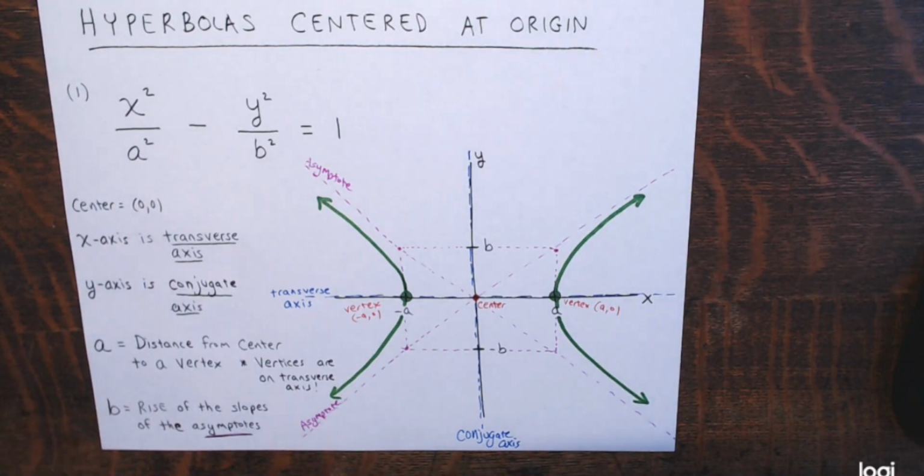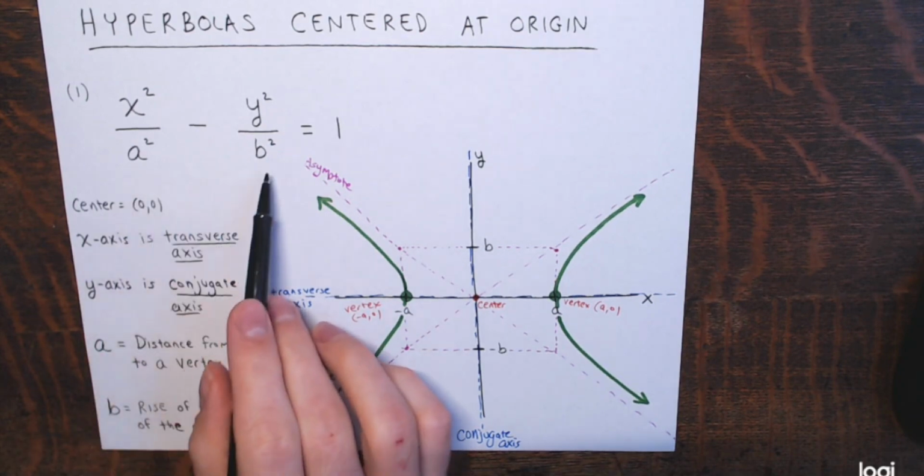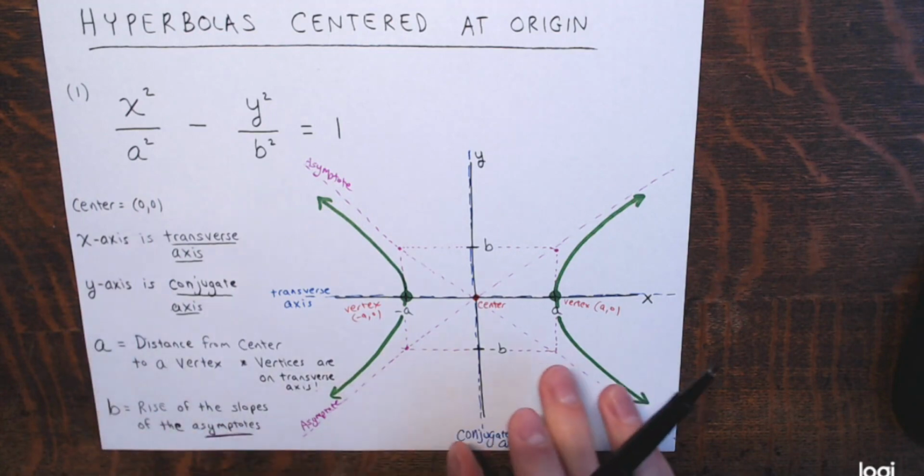All right, and then we've got one other thing to worry about, and that's, just like ellipses had two foci, right, two focuses, so do these hyperbolas. Right, these have two foci, and there's going to be another letter C, just like with an ellipse.